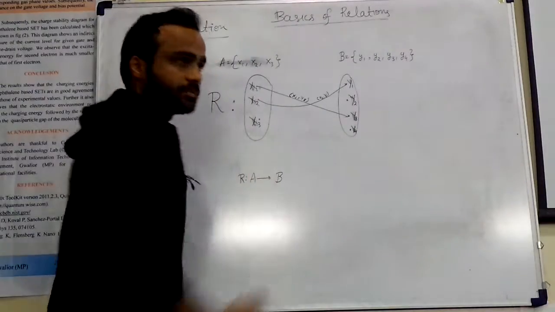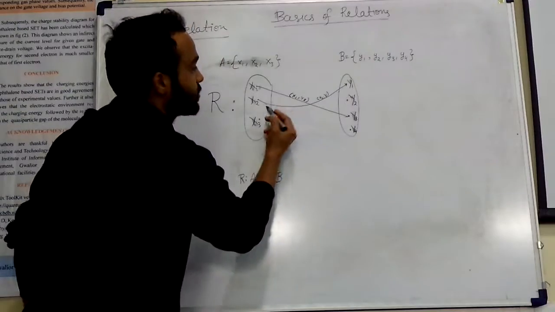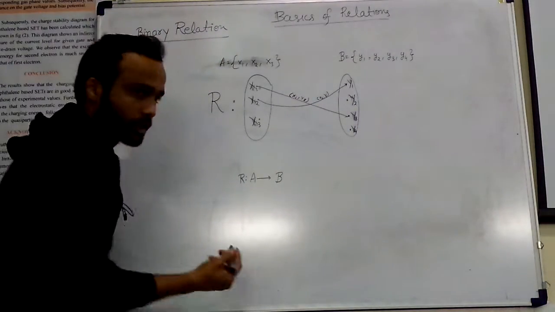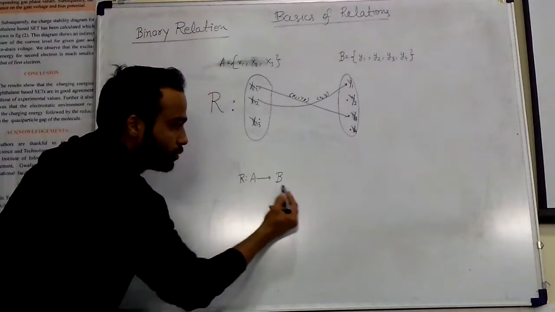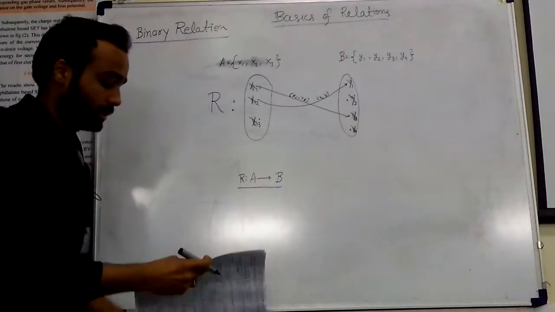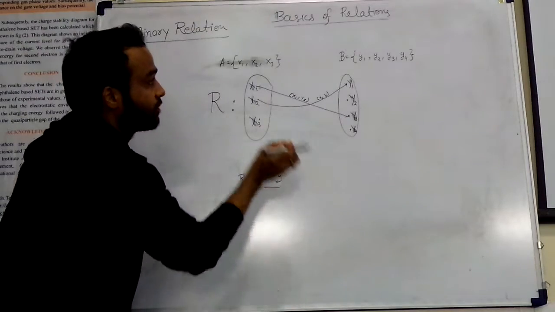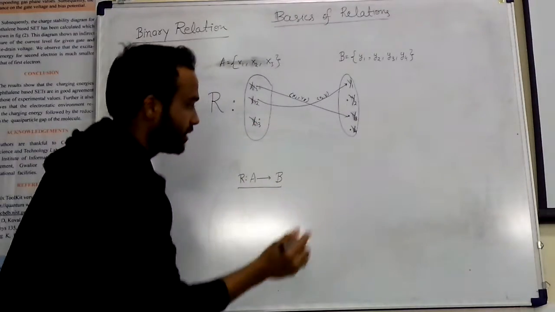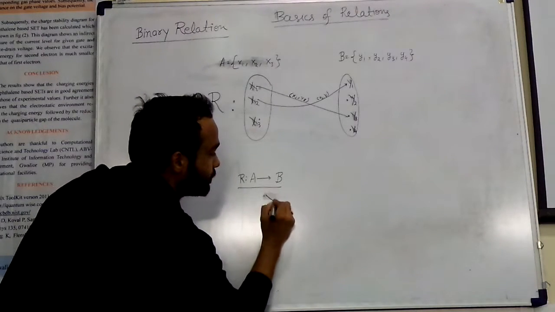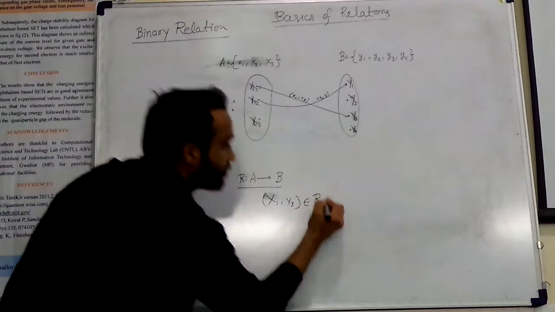Similarly, I draw a line from x2 to y1 and say that x2 is related to y1, (x2, y1). The notation for relation is R from A to B. It is called relation R from A to B, a relation of elements of A to the elements of B, and I then say the sequence (x1, y3) belongs to R.